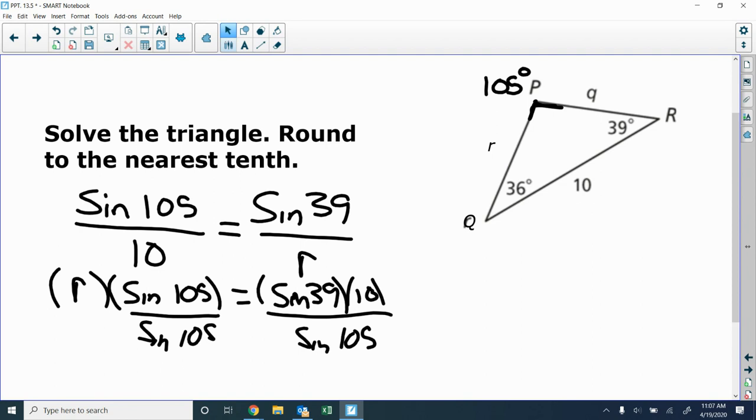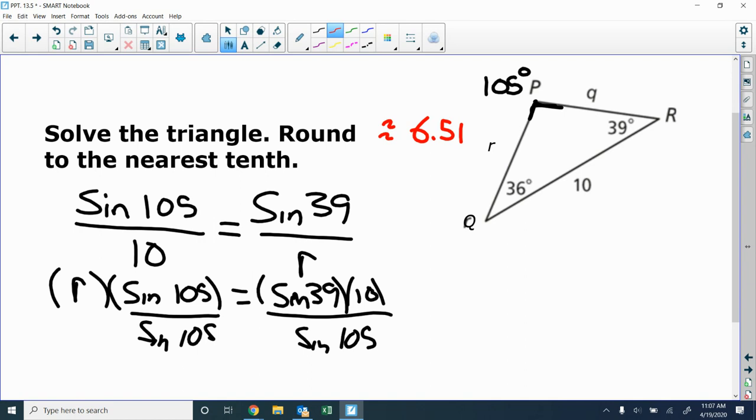I'm going to divide that by the sine of 105, and I'm looking at a distance of 6.515 for our R, approximately, of course.